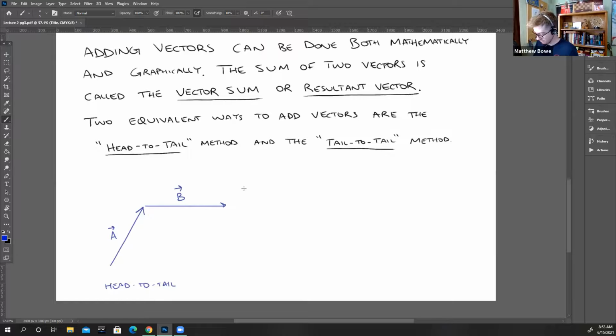I've labeled it up above. It's the resultant vector.